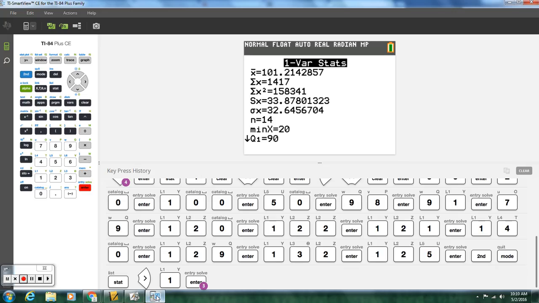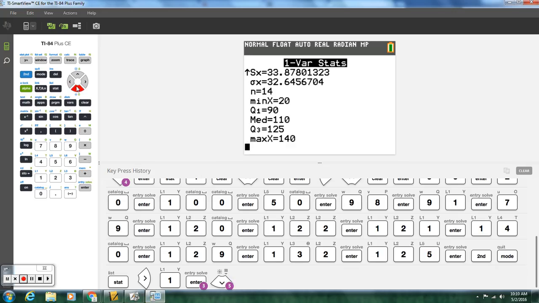The calculator is telling you there's more. If you go down, you'll notice everything you need for this box and whisker plot. Your minimum X is 20, so your lowest point is 20. Your Q1 is 90. Your median is 110. Q3 is 125. Maximum is 140. The calculator's done everything for you.